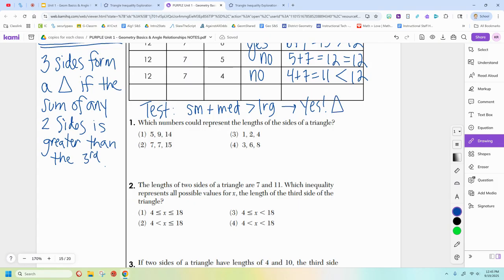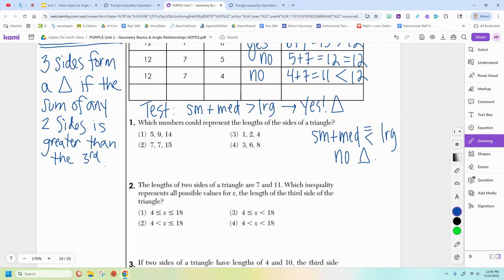If small plus medium is equal to or less than the largest side, no triangle. So it just simplifies the method of actually practicing it. You don't have to check all 3 inequalities, you only have to make one inequality.